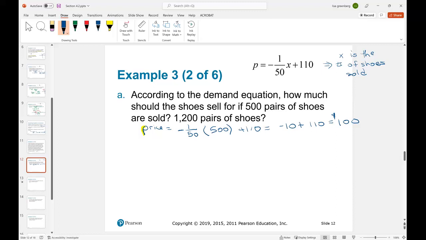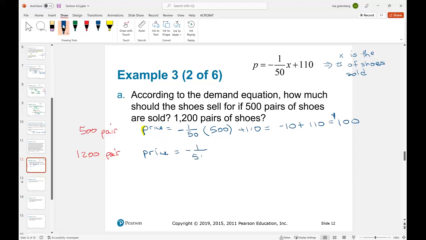Okay. This is for 500 pair. But if I were to sell 1,200 pair, how much would I have to charge? Remember, I already have everything set up to make these shoes, so I don't need any new equipment.